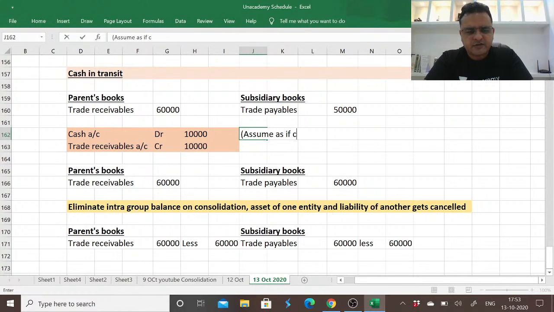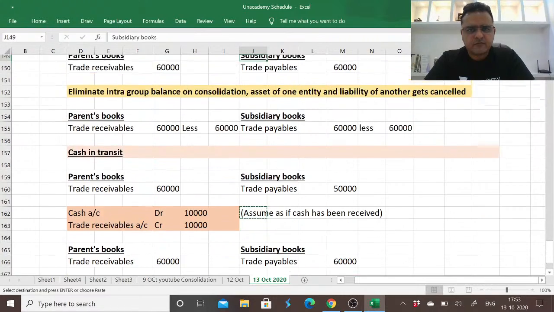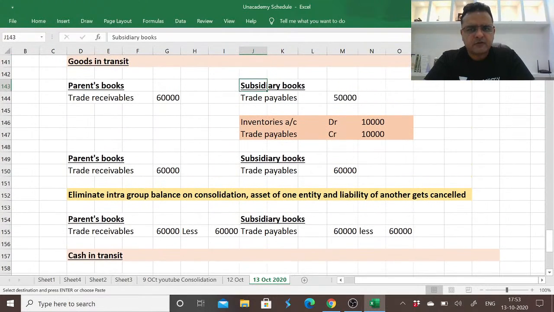Assume as if cash has been received. The earlier one was assuming as if goods have been delivered.